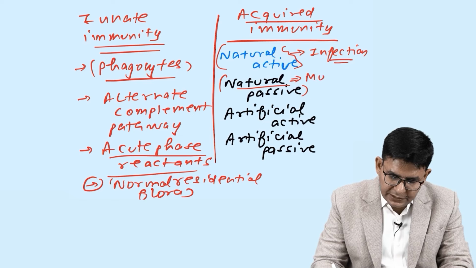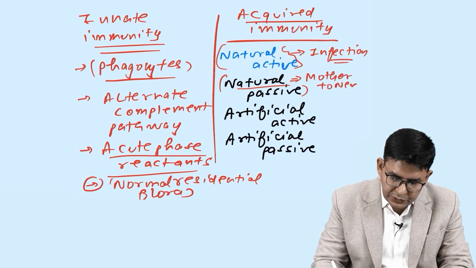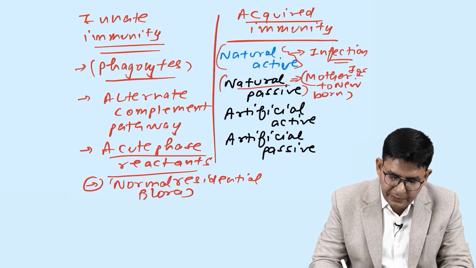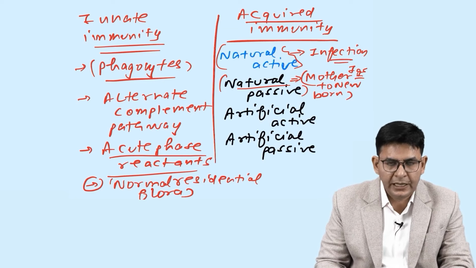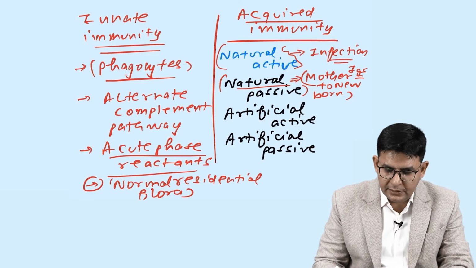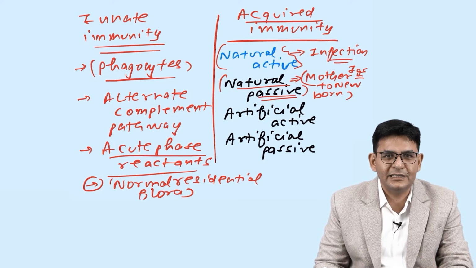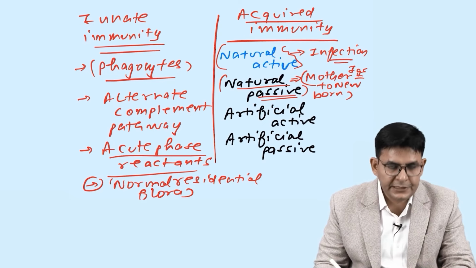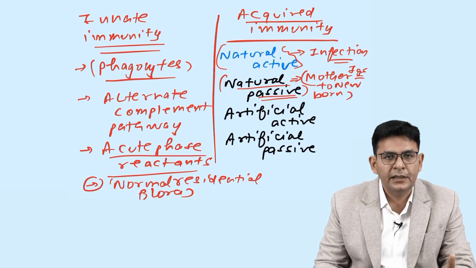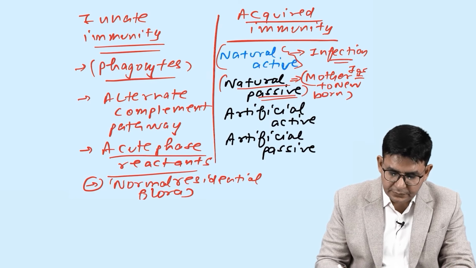The immunoglobulins which transfer from the mother to the newborn through the placenta are part of a natural process, and the newborn has not done anything for getting them. So that is termed natural passive.